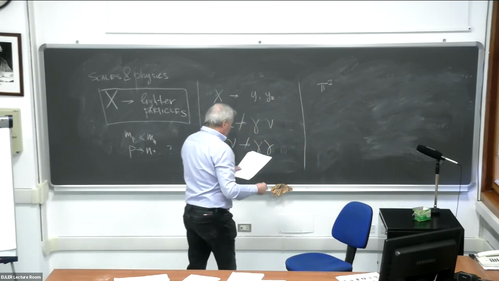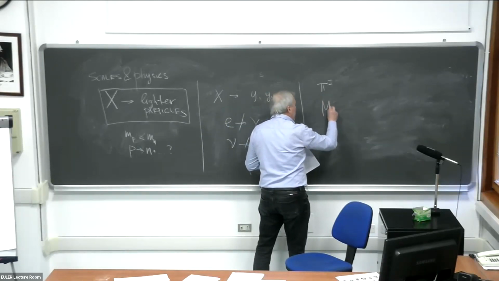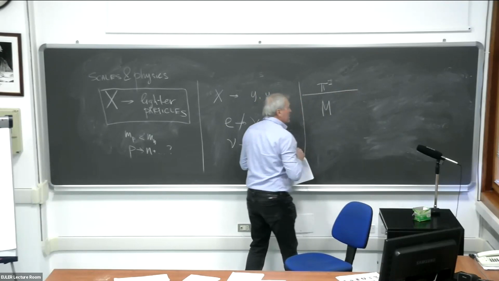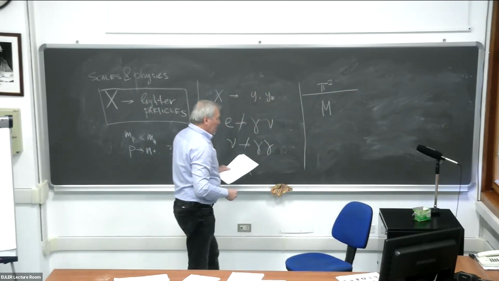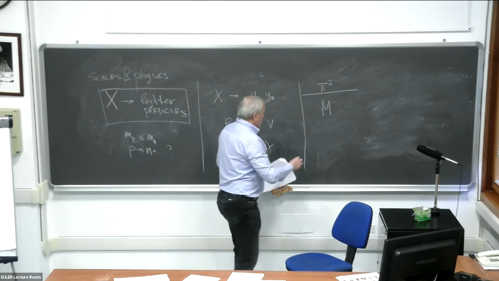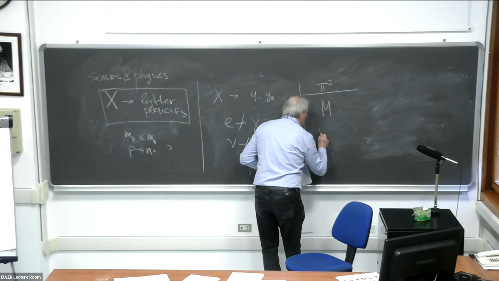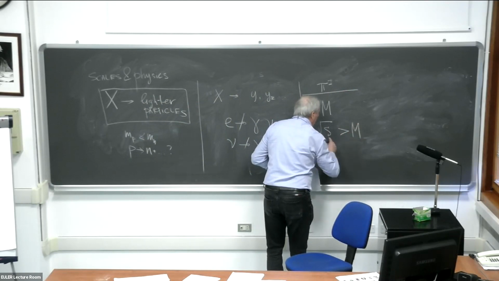Now you will have some kinematical exercises. Suppose you want to produce a particle of the mass m. To produce a particle of the mass m, you can collide some other particles, and the total energy in the center of mass of these colliding particles should be bigger than m.